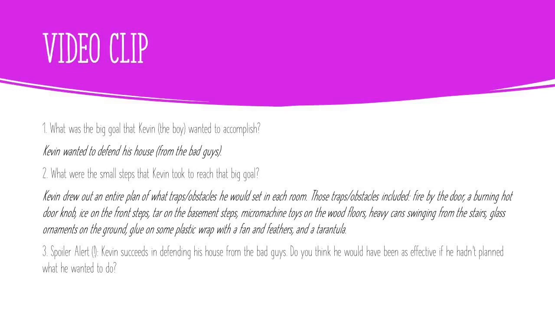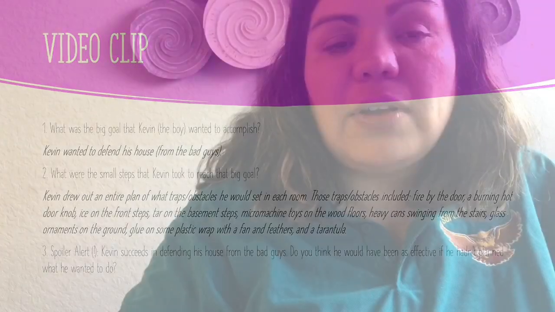He had, for example, a burning hot doorknob, ice on his front steps, tar on the basement steps, and he put micro machine toys on the wood floors. He just had a bunch of little traps in order to achieve his big goal of keeping the bad guys out. And that is really what backwards planning is all about. It's setting small goals, small tasks, small steps in order to achieve a big goal.